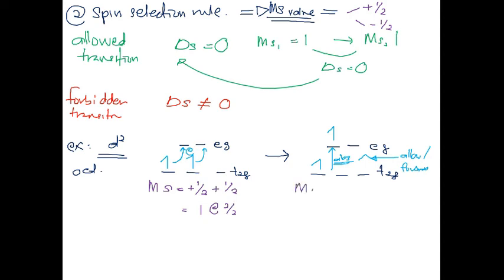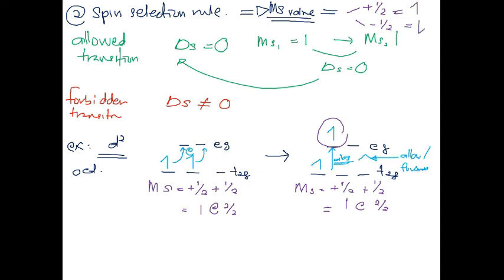The MS is also positive half plus positive half, which is also 1, or 2/2. Remember, this is not negative half, because positive half is spin up and negative half is spin down.